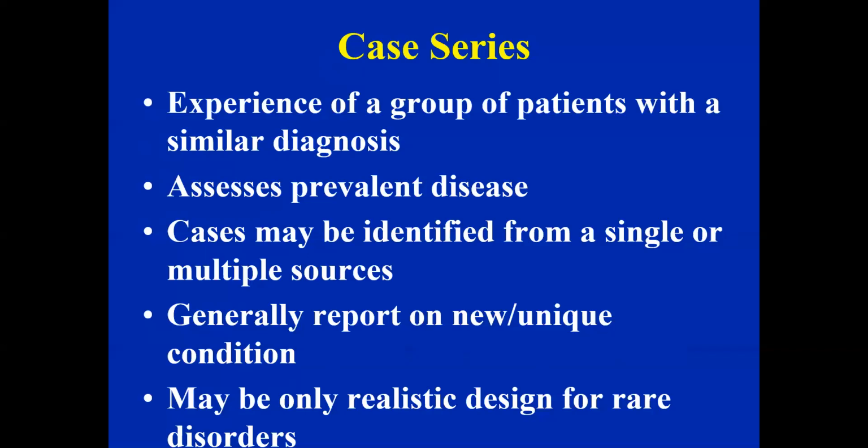Why? Because for you to do some of those things, you need a lot of cases. So for diseases which are very rare, a single case or even a case series might be enough to provide the necessary understanding of a disease or condition.